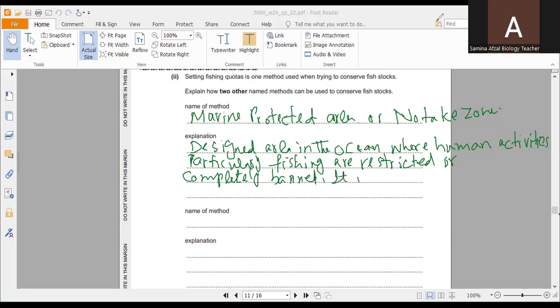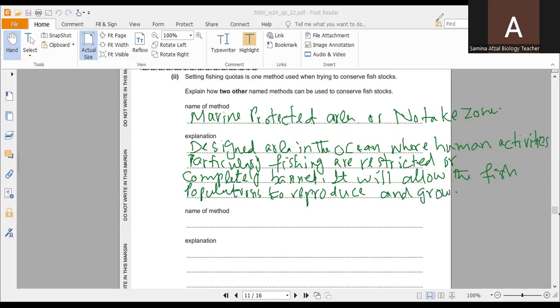So it will allow the fish populations to reproduce and grow.